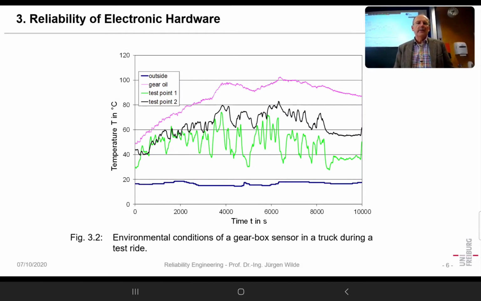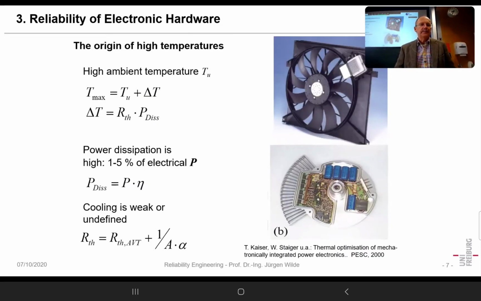So, okay, that was the situation. So important is you cannot say in reality the environment is constant, or you have a constant swing between two environments, but it is more or less stochastic depending on how the car is operated.